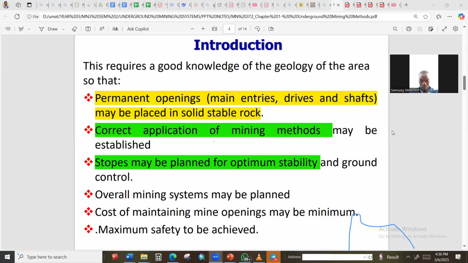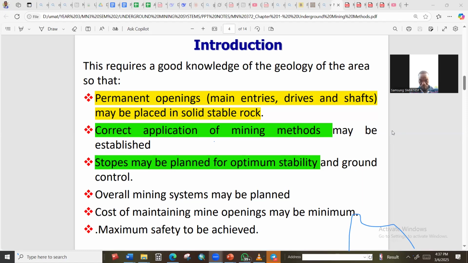Permanent openings like the main entry, your ramp, your decline. You can put your decline there because the decline is the main access. That is where everything enters underground. So wherever you're putting your decline, the rocks there should be very, very strong and competent. If they are not strong and competent, you cannot put it there.